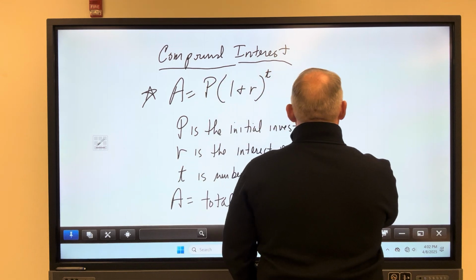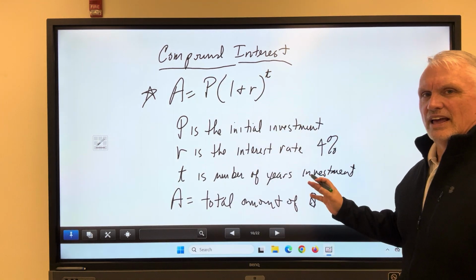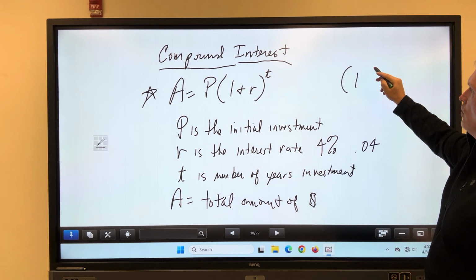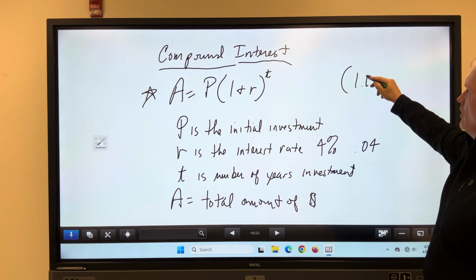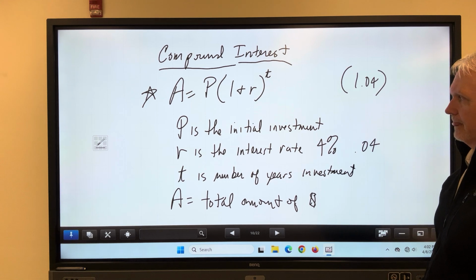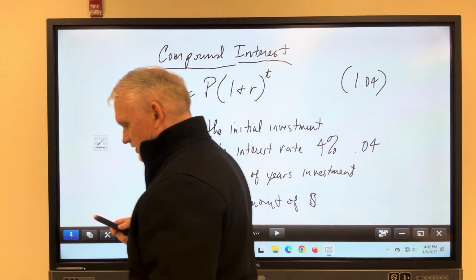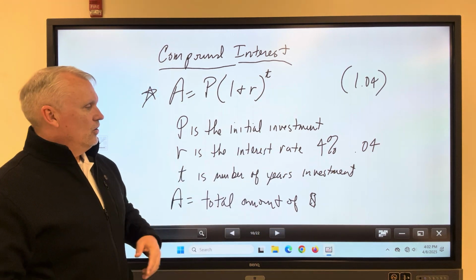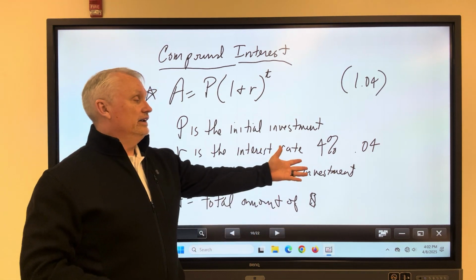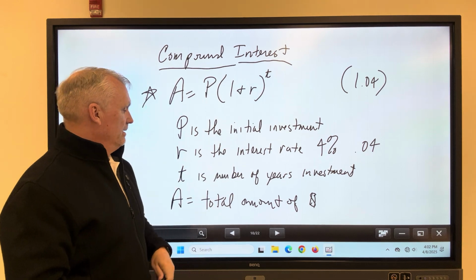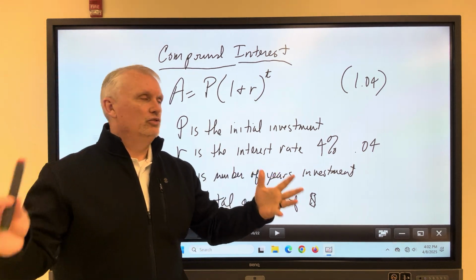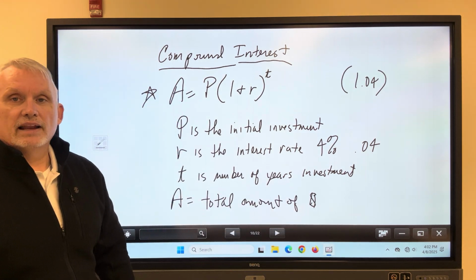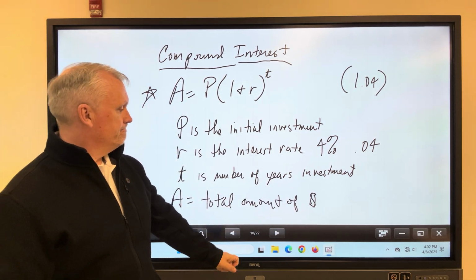So if you have 4%, change the percent to a decimal, which is 0.04. So if I were to put it in here, it would be 1 plus 0.04, or 1.04. t is the number of years of the investment. Usually it's a 3-year CD or a 5-year or a 1-year. So t is that time, and A, obviously, is after you do the whole calculation. That's how much money you've got at the end of the time. Okay?